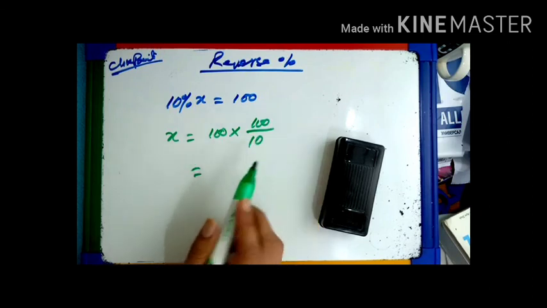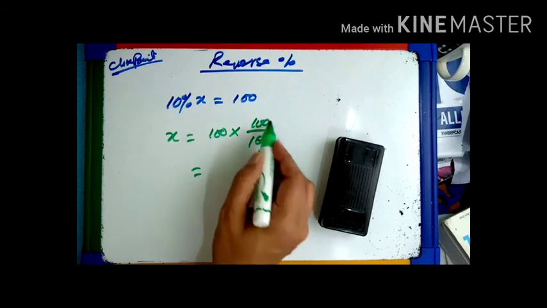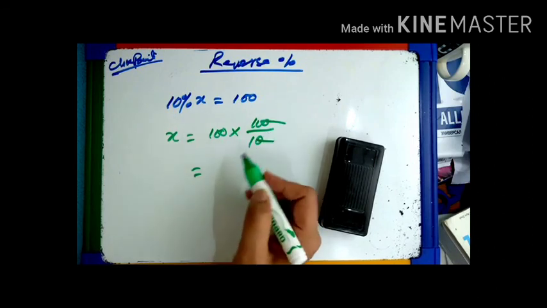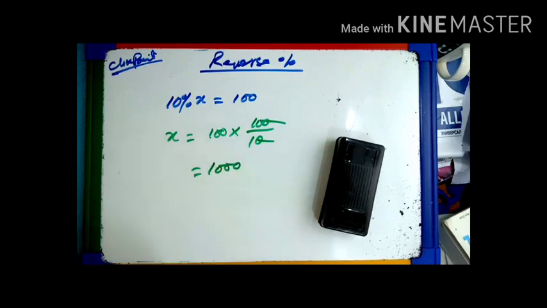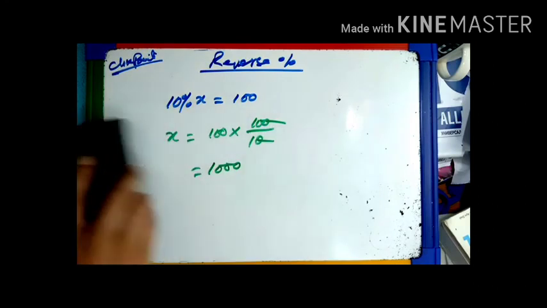Okay, then 0 cancels with 0. Then I remove 10 and 100. So the answer is 1000. Yes, 10% of 1000 is 100. Yes, 1000. Mashallah.